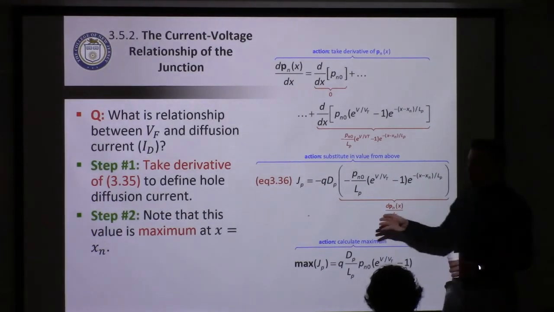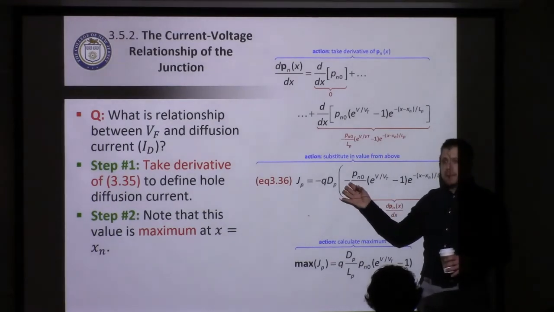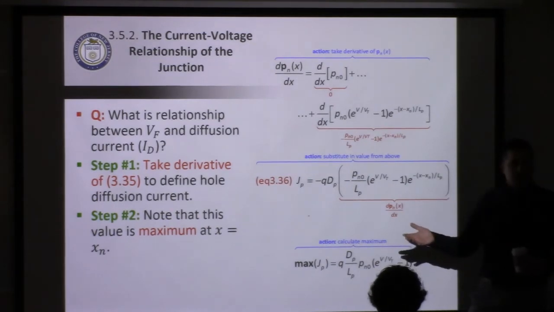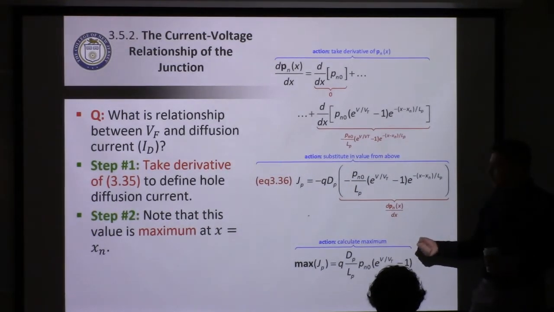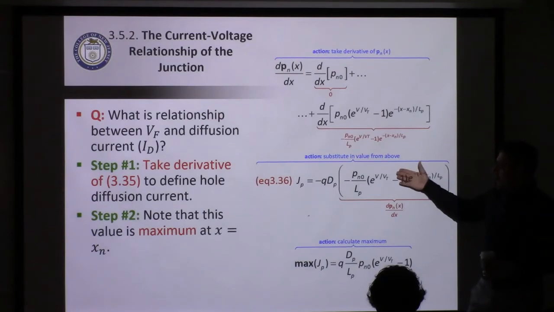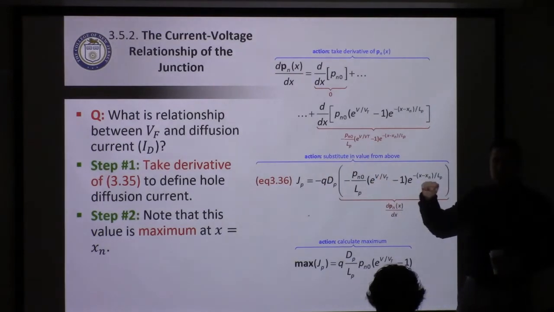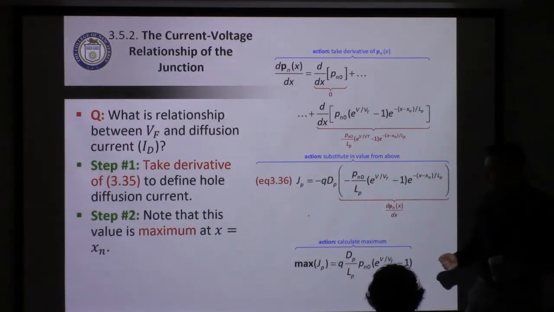So like I said before, it's not imperative that a particle reach the terminal in order to contribute to the current flow. So the actual limiting factor is going to be the maximum of this value. What is the maximum diffusion current that flows at the junction?